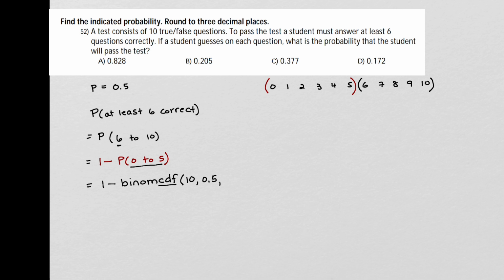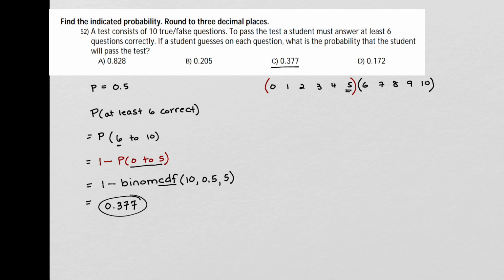Probability of an individual success is 0.5. And we want to have at most 5 successes. So when I put this into the calculator, I get 0.377, rounded to 3 places. And so C would be the correct answer there.